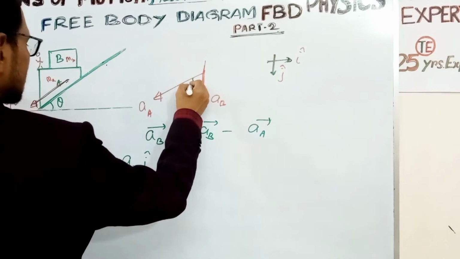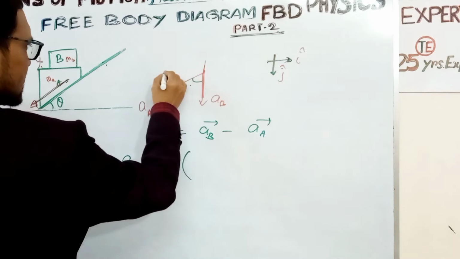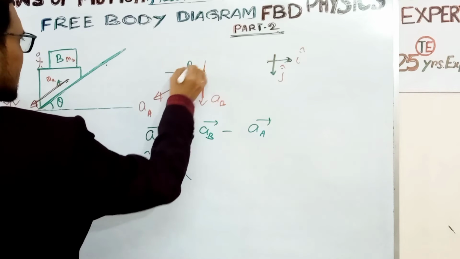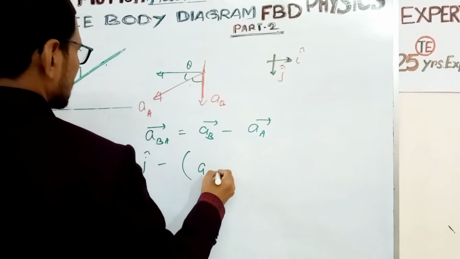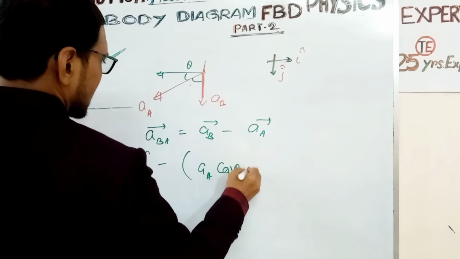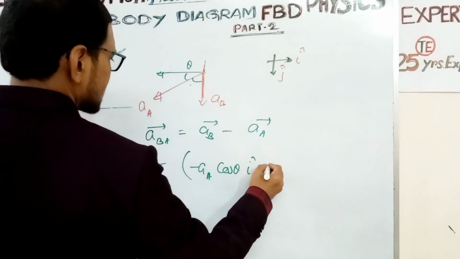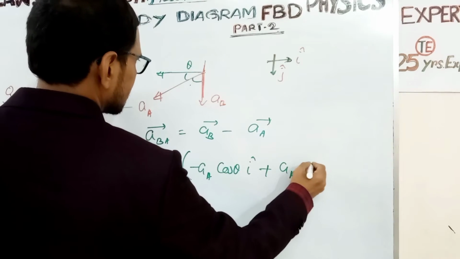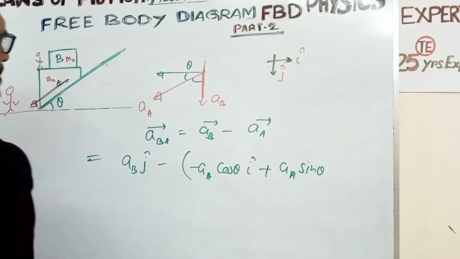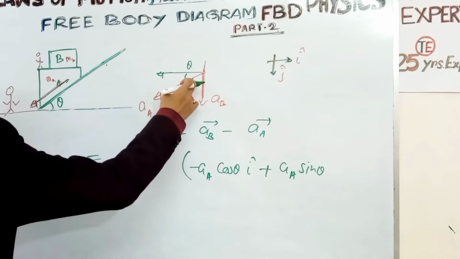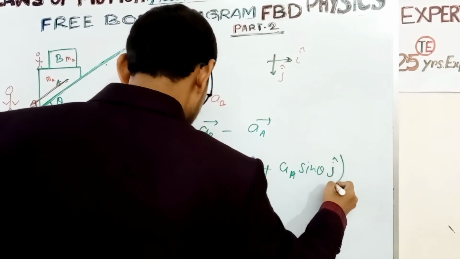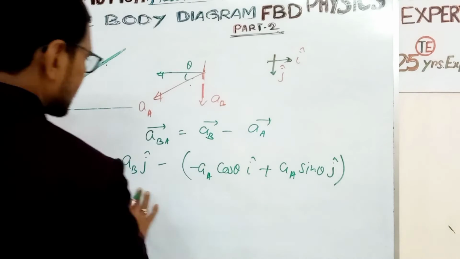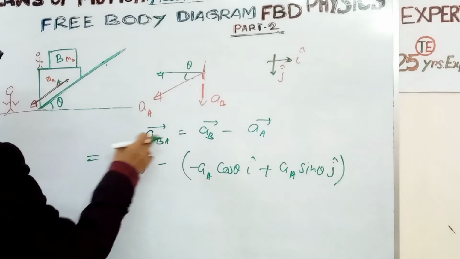This angle is theta, so this is 90 minus theta, this is theta, so a equal to a cos theta i plus a sin theta j. So this is the relative acceleration of b with respect to a.